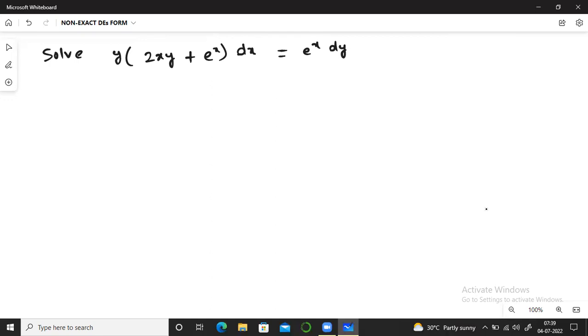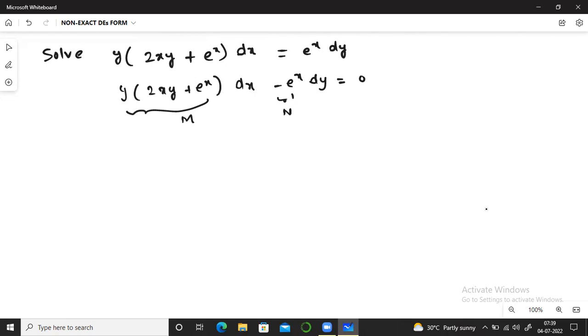Firstly, it is looking like M dx plus N dy is equal to 0. If you bring this term to this side, y into (2xy plus e power x) dx minus e power x dy is equal to 0. It is M, it is N. So M dx plus N dy is equal to 0.